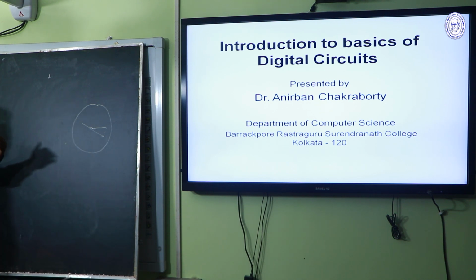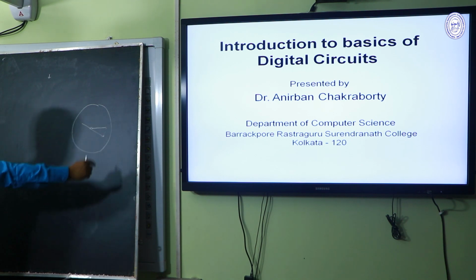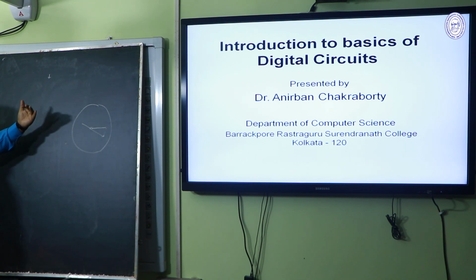This is the concept of analog, where between 2 points there exist an indefinite number of points. You can't define how many points will be there between these 2 points. So this is the analog clock.